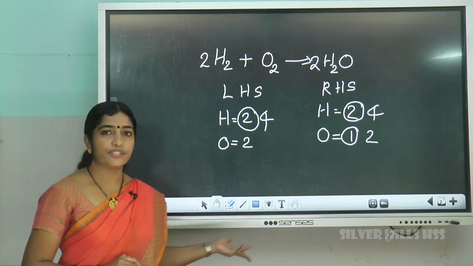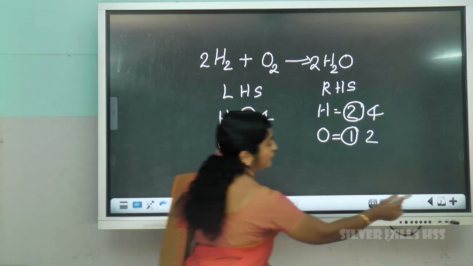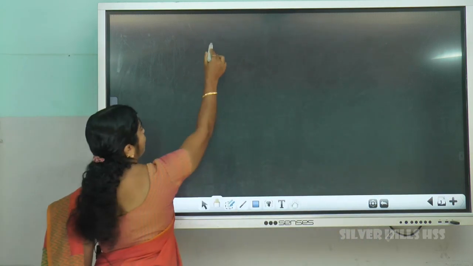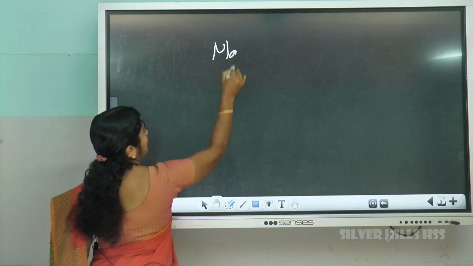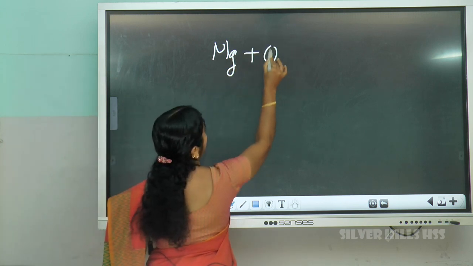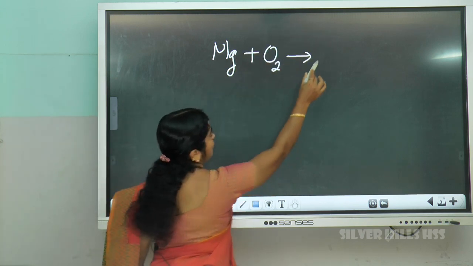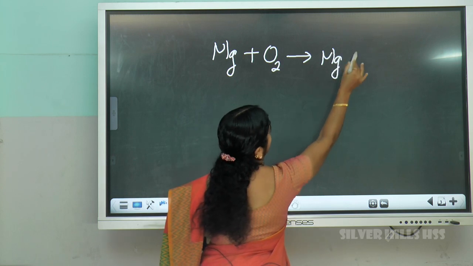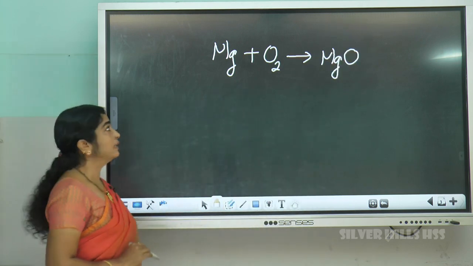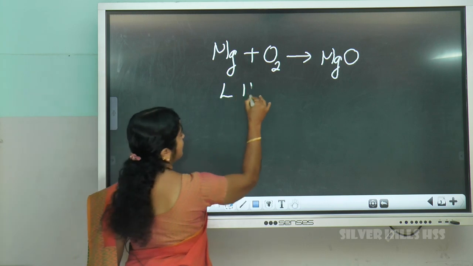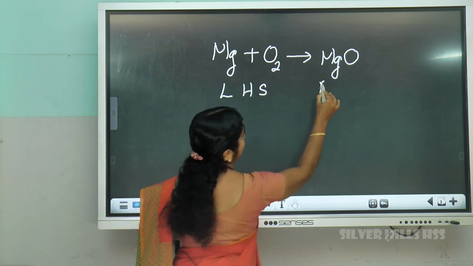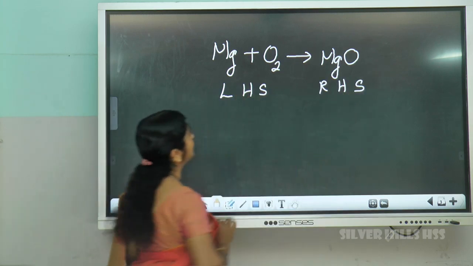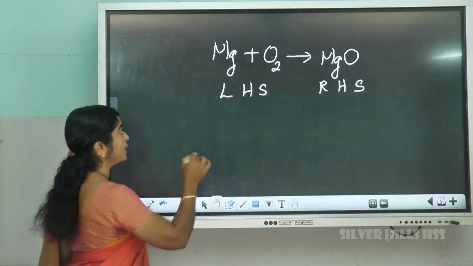Let us balance another equation. Formation of magnesium oxide. Magnesium reacts with oxygen to form magnesium oxide. Write LHS, then RHS. Write the atoms on LHS.